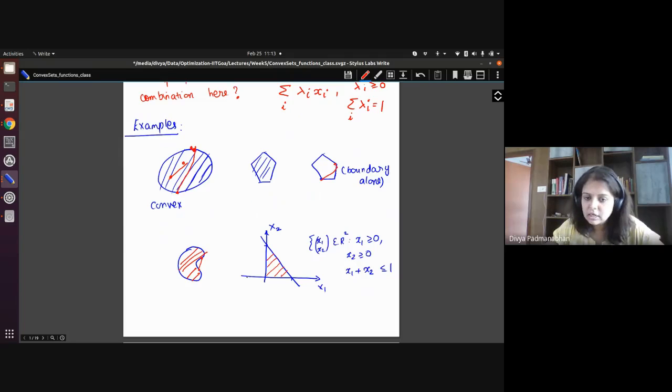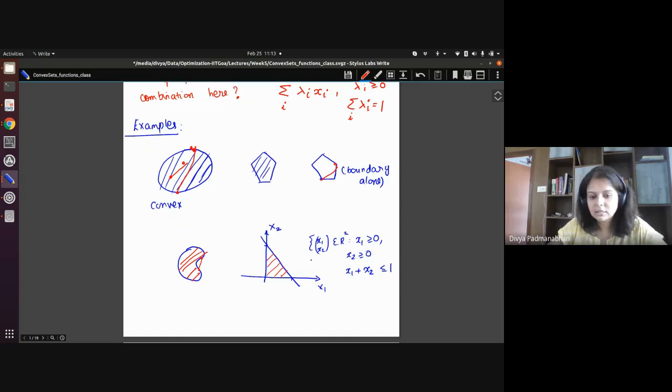Okay. So now, many times you are given things like these inequalities, something of this form: x1, x2 in R2, where x1 is greater than or equal to 0, x2 is greater than or equal to 0, and x1 plus x2 is less than or equal to 1.